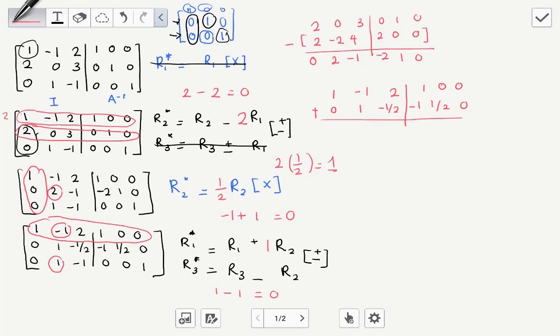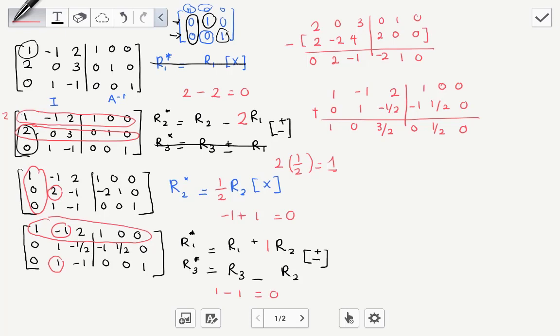Now when we plus, we will be getting 1, 0, 2 plus negative 1 over 2 is 3 over 2, 0, 1 over 2, 0. That is for R1 plus R2.